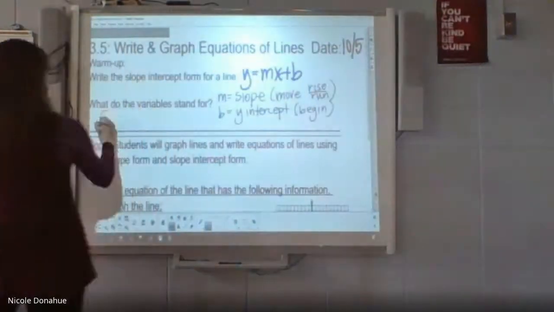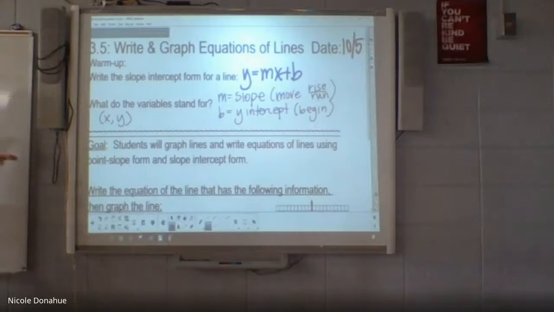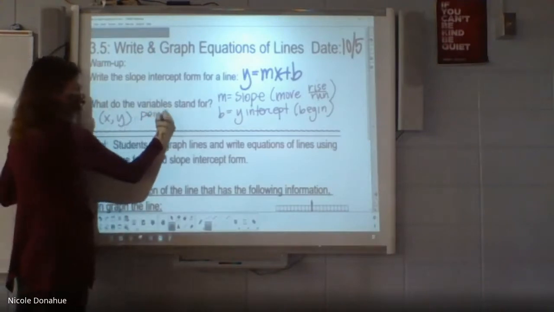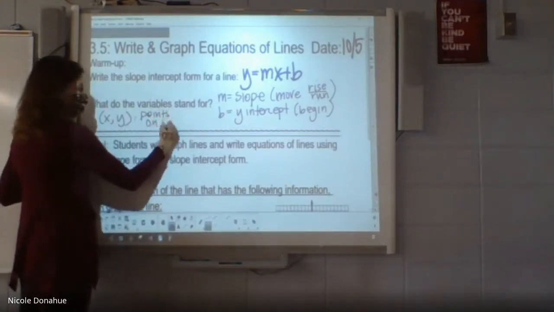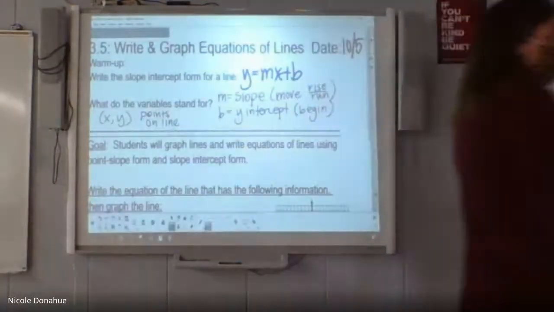So the x and y are just different coordinate points. Typically, we leave them as coordinate points because there's lots of x's and y's. There's not just a single x and a single y. There's a whole bunch of them. There's infinite points on the graph, on the line. So those points could be on the x and y axis, but not necessarily. So the x and y's are all the different points on the line.